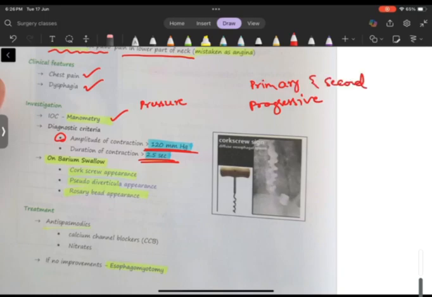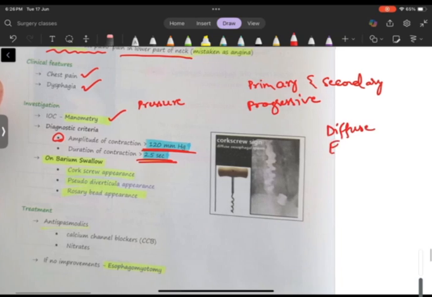Whereas this tertiary contraction, whichever is happening because of spasm, that will be there for more than 2.5 seconds, and if it is more than 2.5 seconds, it is diagnostic of diffuse esophageal spasm. Diffuse esophagus and spasm, name itself is suggesting everything.